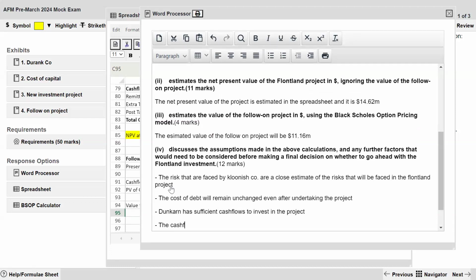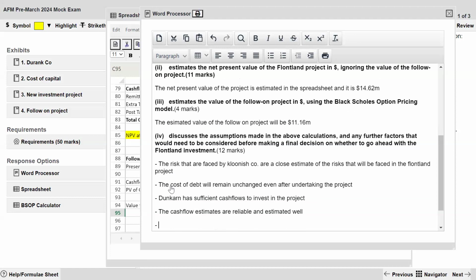The cash flow estimates are reliable and estimated well.